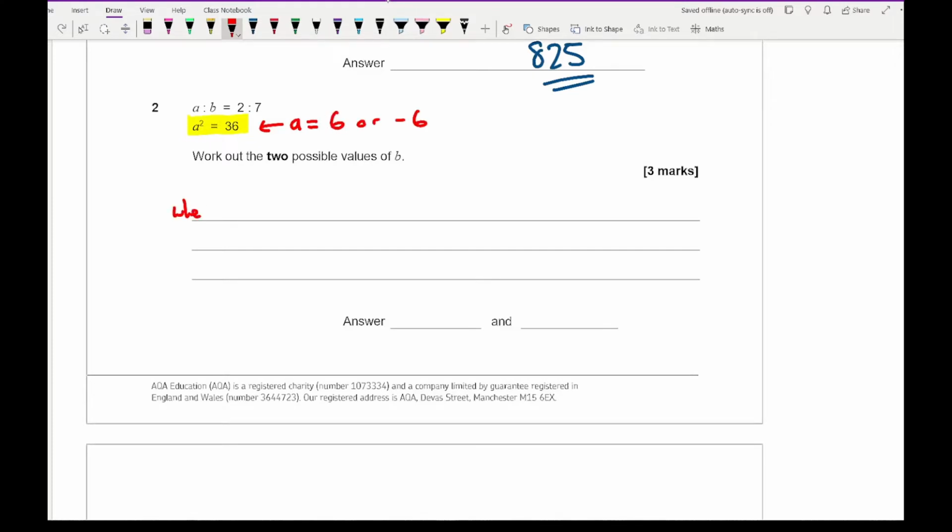So when a equals 6, then that's going to be basically a equals 2 parts. So here, let's just write a equals 2 parts and b equals 7 parts. So therefore, 1 part is going to equal 3. And so therefore, 7 parts are going to be 3 times 7, which is 21.